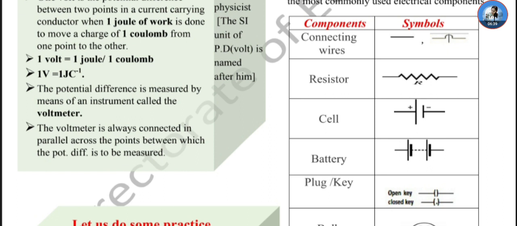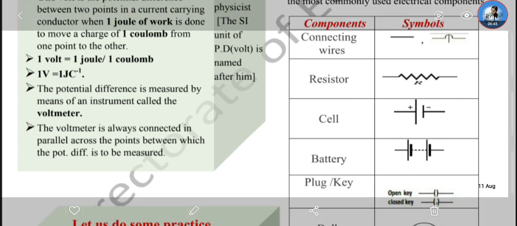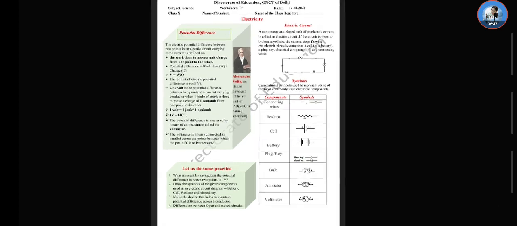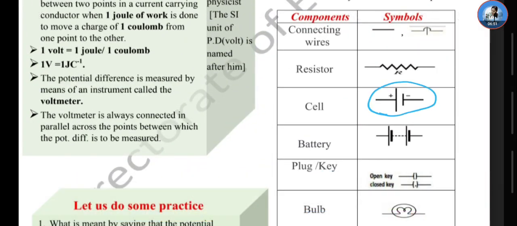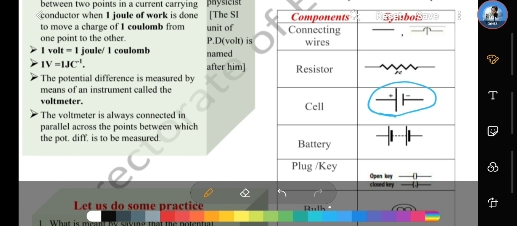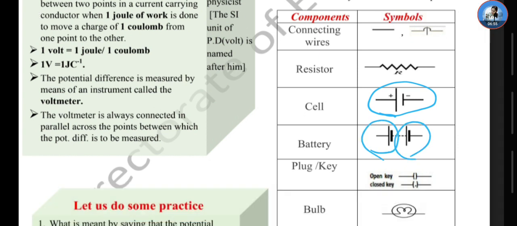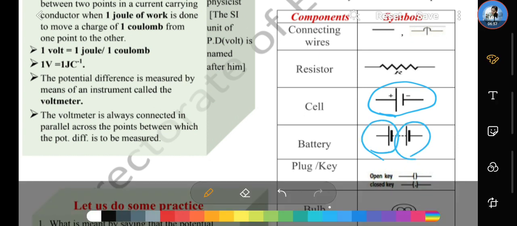For resistor. For cell, there is one positive terminal and one negative terminal. And in battery, you observe a change. In cell, you can see only one positive and one negative. But in battery, you see cells connected together. When more than one cell is connected together, it is called a battery.